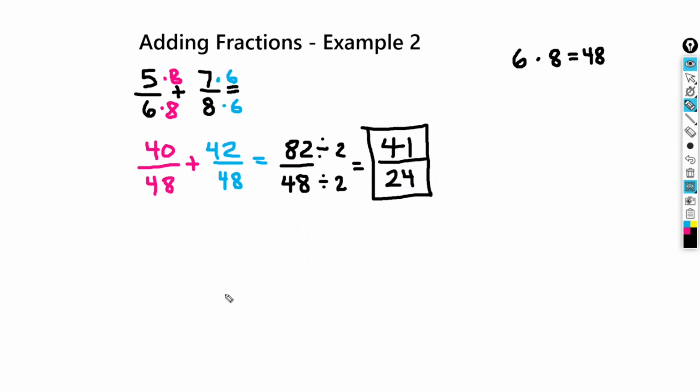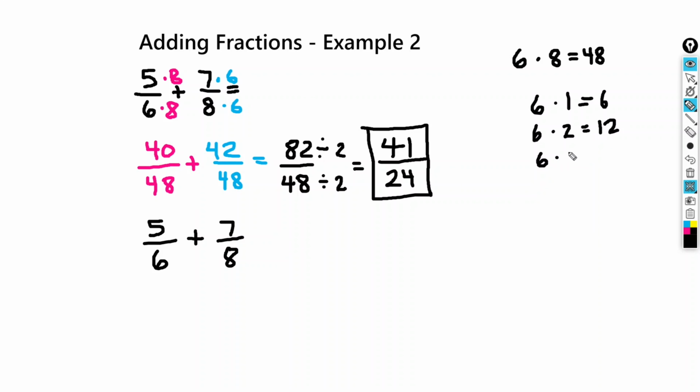Another way we could do this, if we take 5/6 plus 7/8, is we could find the least common multiple. So we're going to do 6 times 1, which is 6. 6 times 2, which is 12. 6 times 3 is 18.